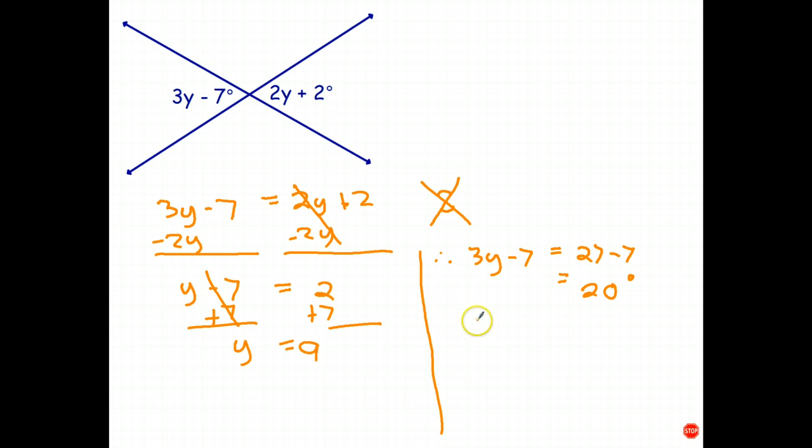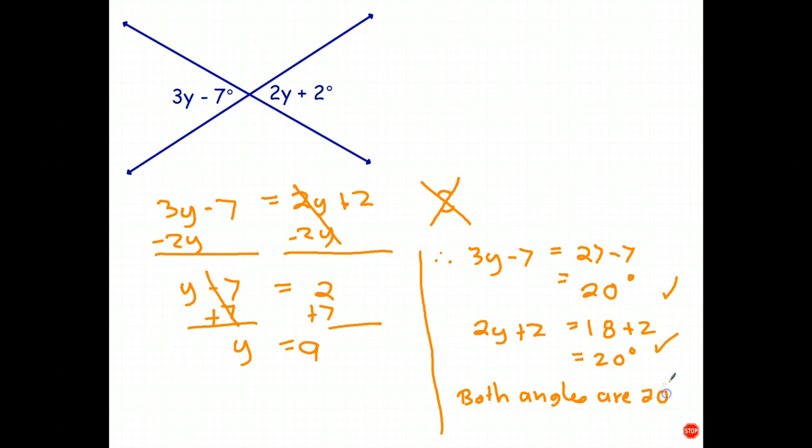And 2y plus 2, well, 2 times 9 is 18, plus 2 is also 20 degrees. So that's really acted as a check. So in other words, both angles are 90 degrees. Sorry, both angles are 20 degrees.